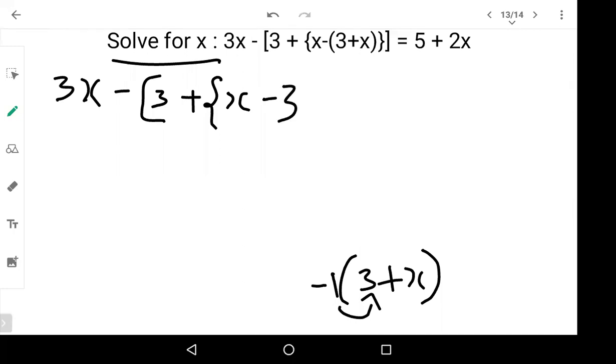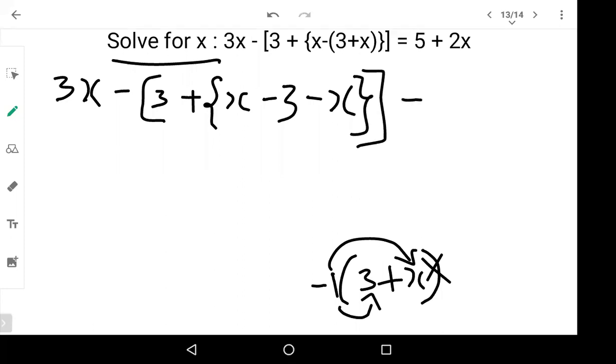Okay, next minus 1 into x. Minus 1 into x will give me minus x. Okay, minus x. And then after this, there is no inner bracket because we have solved it. So I only have a flower bracket and a box bracket and then is equal to 5 plus 2x.